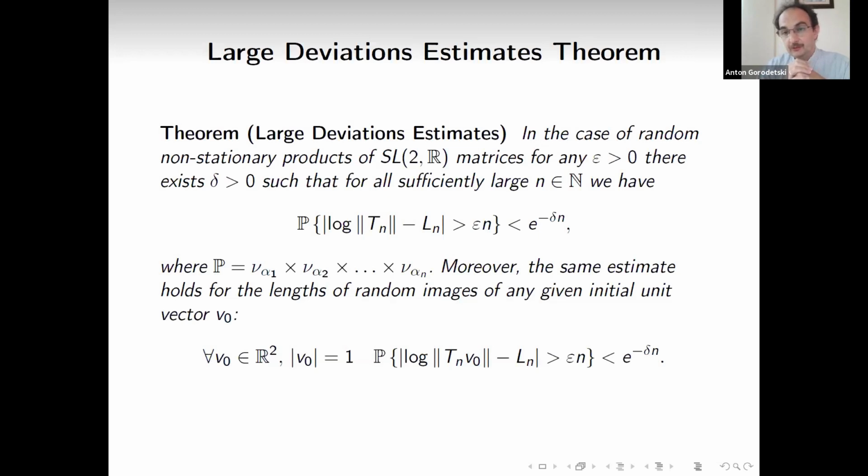Now, if you take the log of the norm, then if we didn't have any cancellations when we take products of those pieces, then roughly speaking, we have a sum of independent random variables, and large deviation estimates for this case are known.